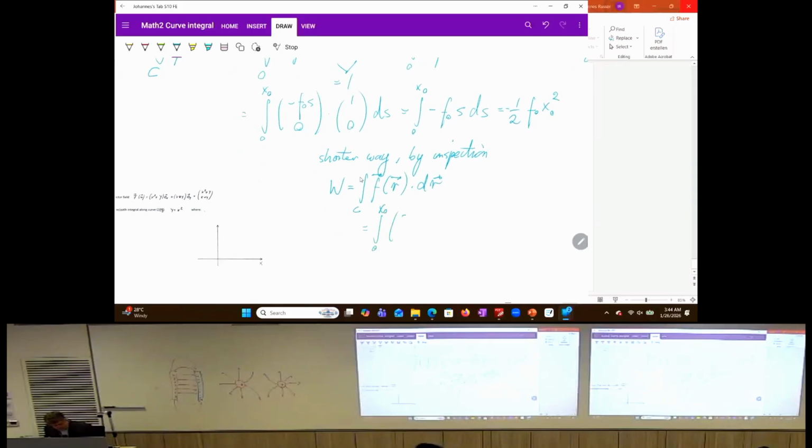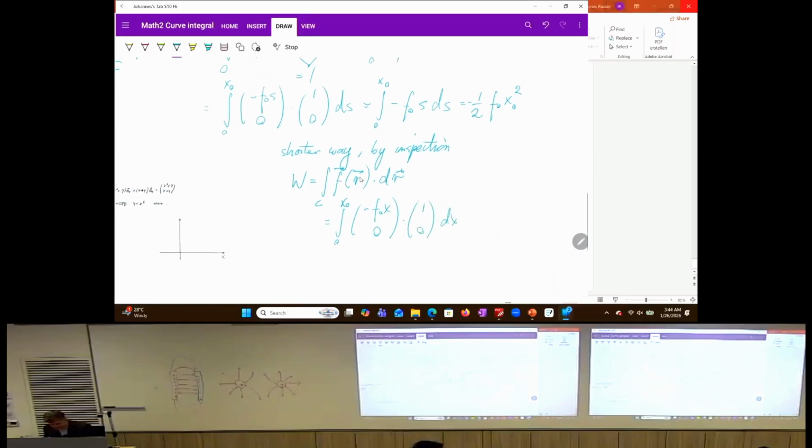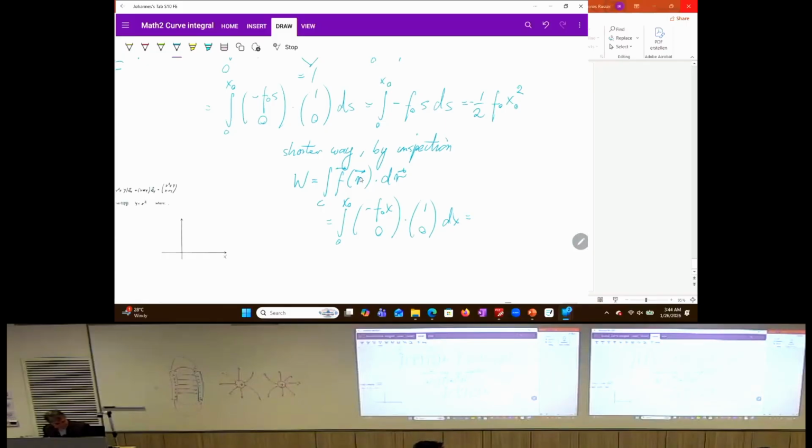The force is just an x component, no y, and the line element is 0 in y direction and 1 in x direction, and dx. That gives you the integral from 0 to x naught of minus f0 times x times unit vector x times unit vector x times dx.